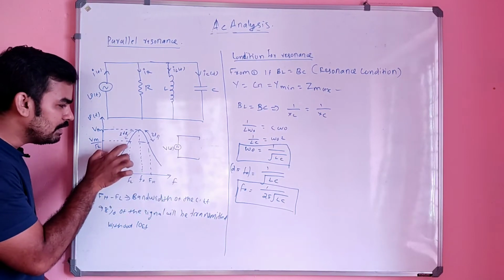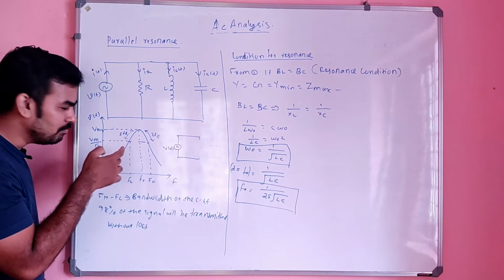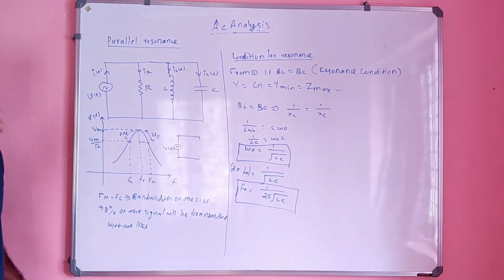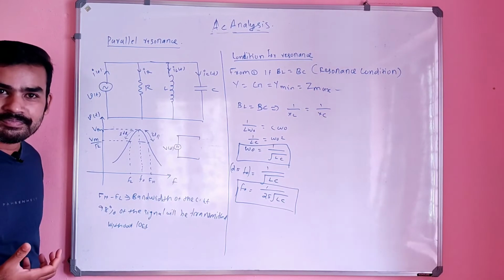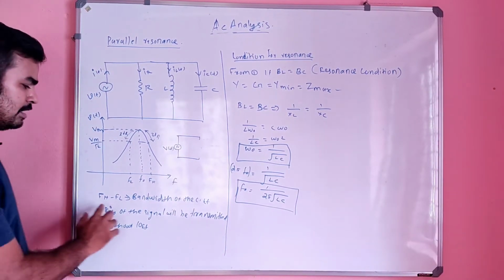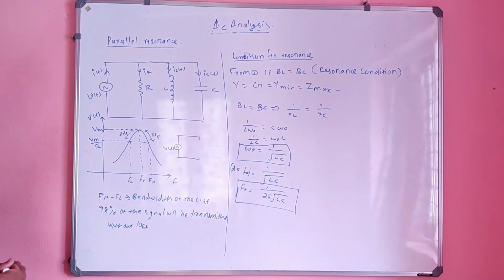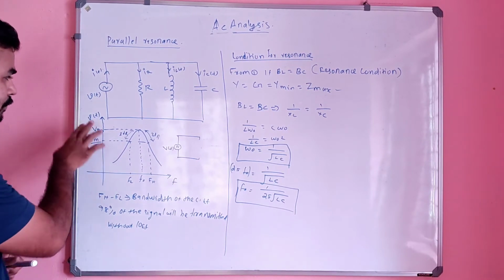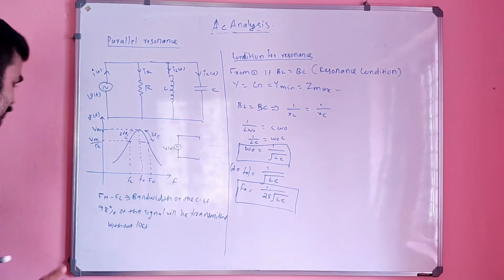That means the voltage will fall on this side. That means we can't produce the signal there. So that is the peculiarity of FH minus FL, that is the bandwidth of the signal. Is it clear? Okay. So that is a graph of V against the frequency.